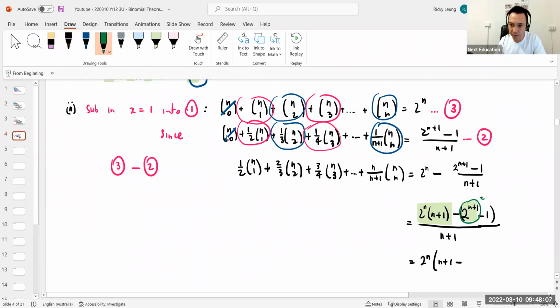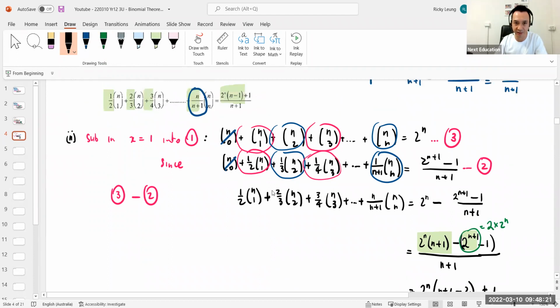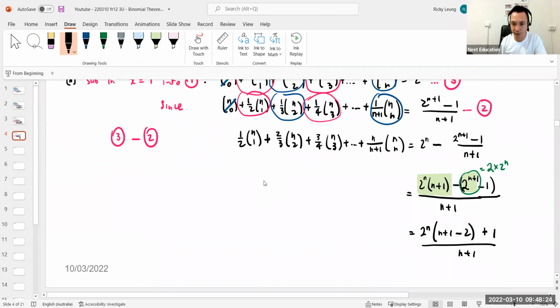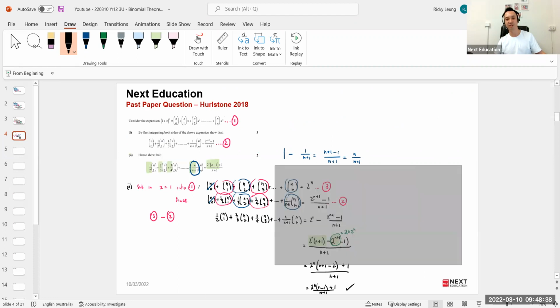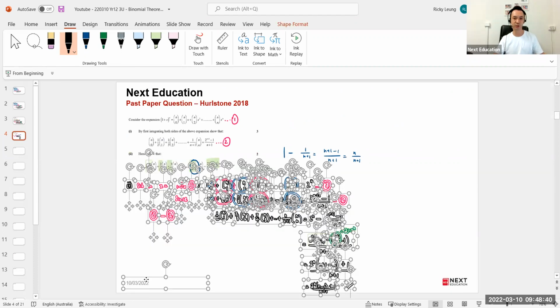This term here is like 2 times 2n, right? So if I factorize 2n out, it becomes just 2. Yeah. And then minus 1, so it's just plus 1 on the back. And then I got it, right? Because 1 minus 2 is minus 1. Exactly what I want to prove. Perfect, which equals 2 to the power of n, n minus 1 plus 1 over n plus 1. Tick. How is that? Right, so I'm just going to move this up gently.